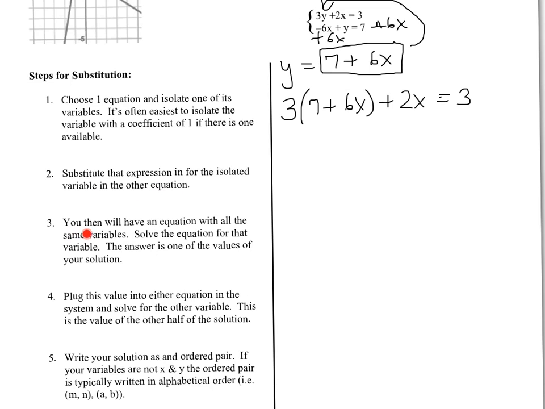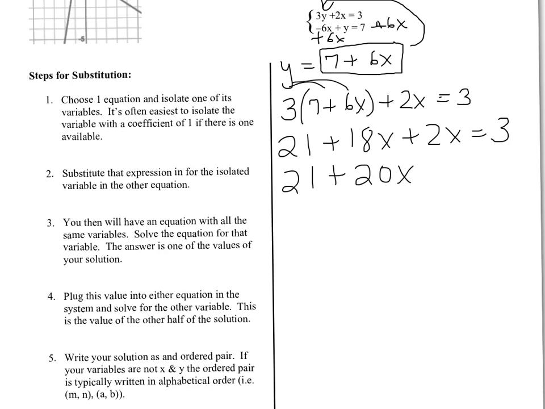So step 3, you will then have an equation with all the same variables. What do you know? We have x's here. Okay, so we're going to solve the equation for that variable, which we know how to do. We distribute and we get 21 plus 18x plus 2x equals 3. Combine your like terms, you get 21 plus 20x equals 3.